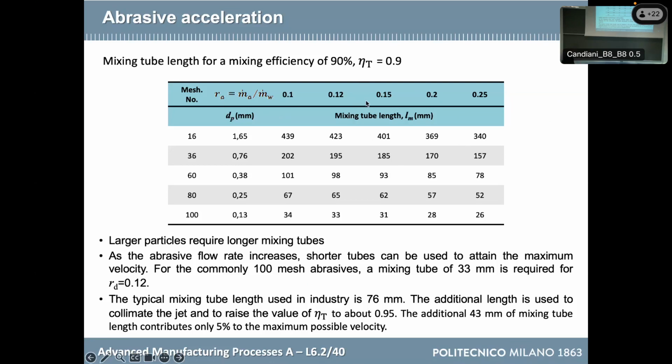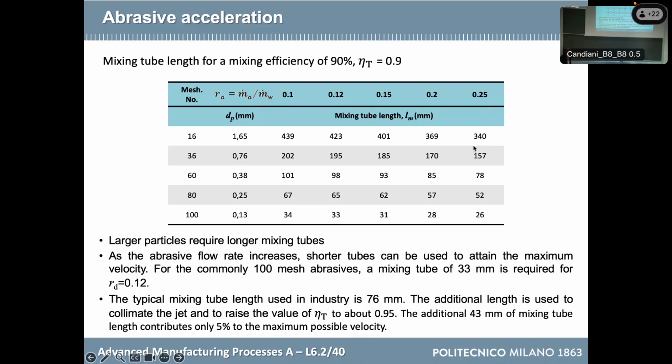These numbers here are the loading ratios. If I'm increasing, at equal flow rate of water, the mass of the abrasive, I'm increasing the loading ratio. I'm putting more abrasive with the same amount of water, so I'm going to the right. And when I go to the right, we see that the length of the focuser should be lower.